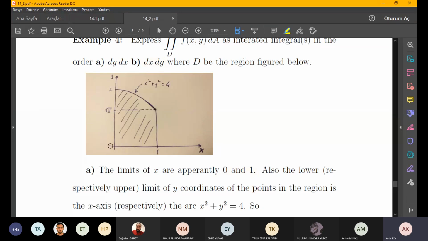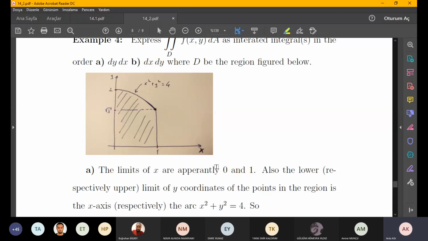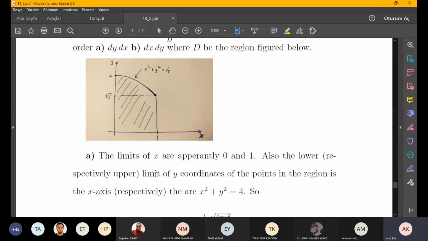It is from 0, right? It is the y axis, x equals 0, to x equals 1. And okay, this is easy to write, but also we have to write the limit of integration with respect to y.